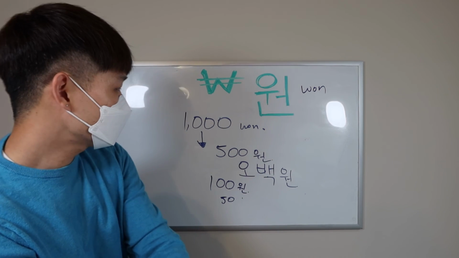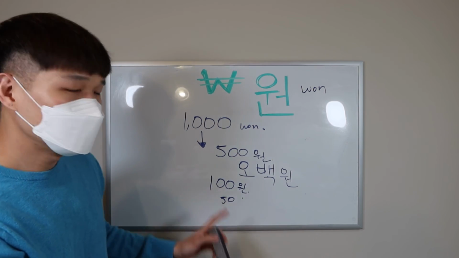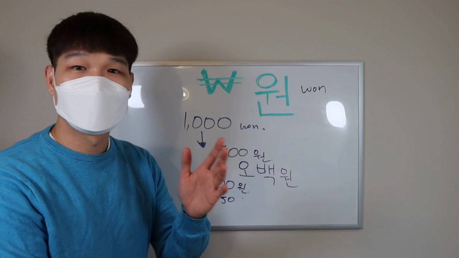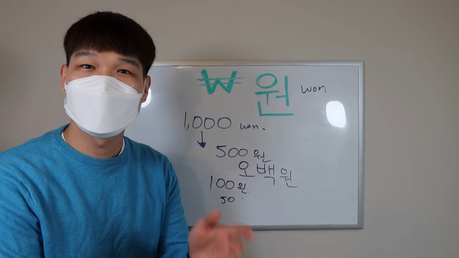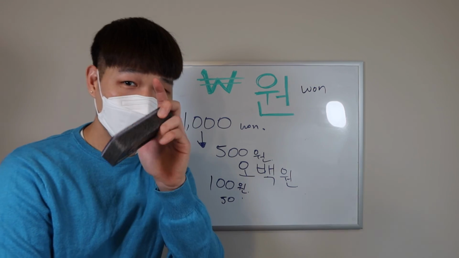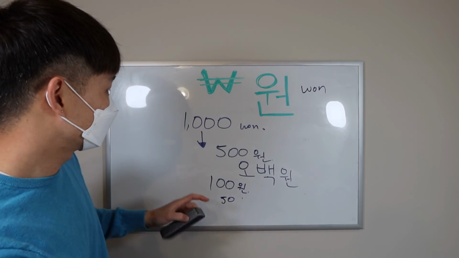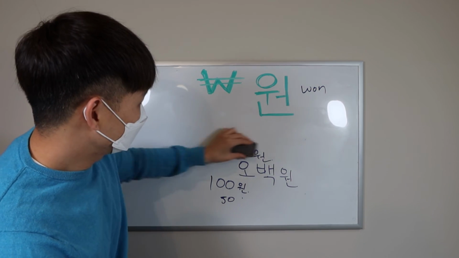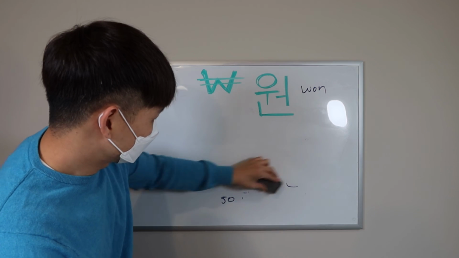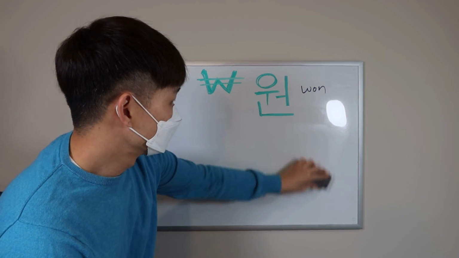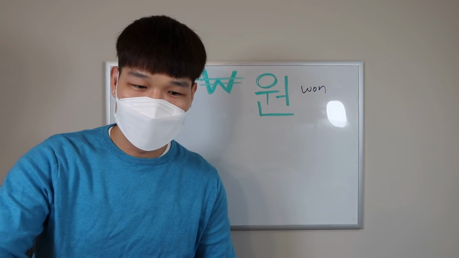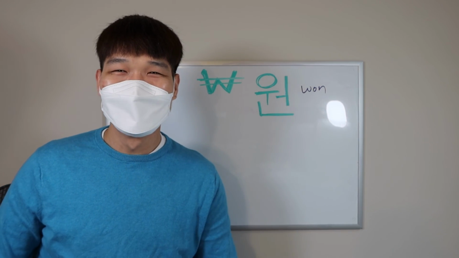So, 100 won is like 10 cents, 500 won, 50 cents, 1,000 won, $1, depending on the exchange rates. That's the caveat. But when you're purchasing things, that'll make everything easier to process. Now we're super ready to go shopping. Very good.